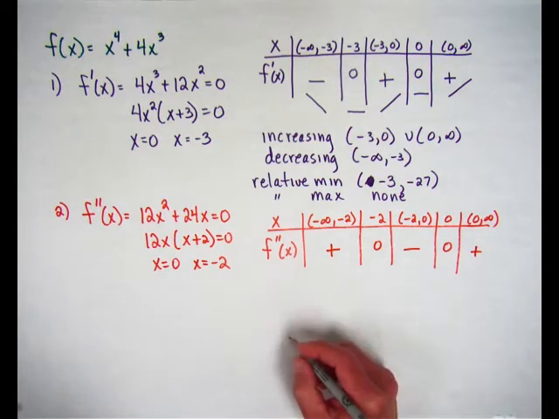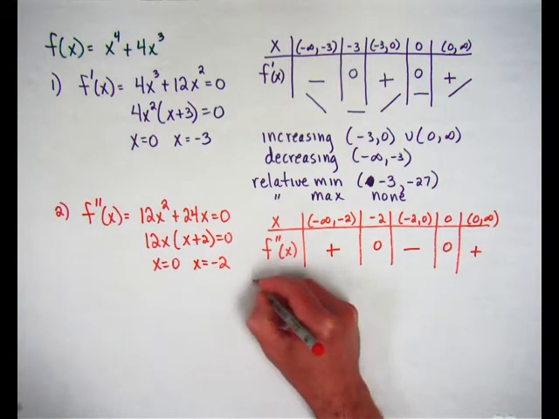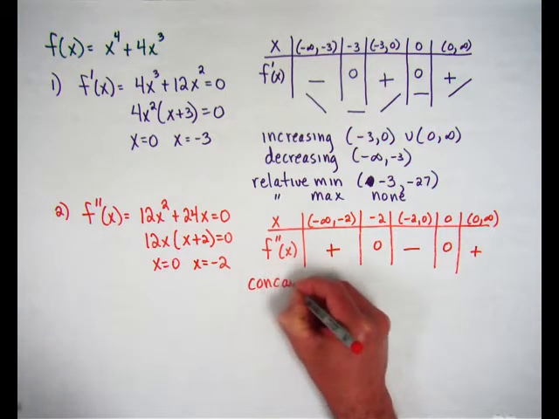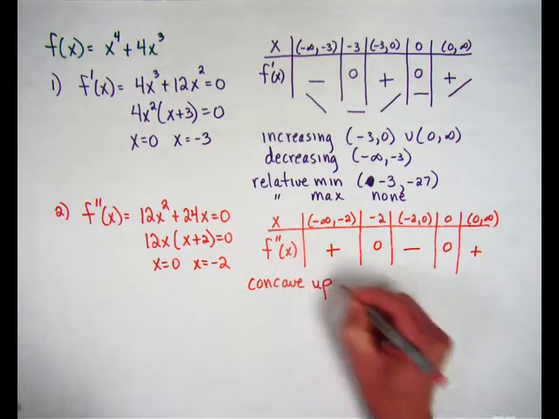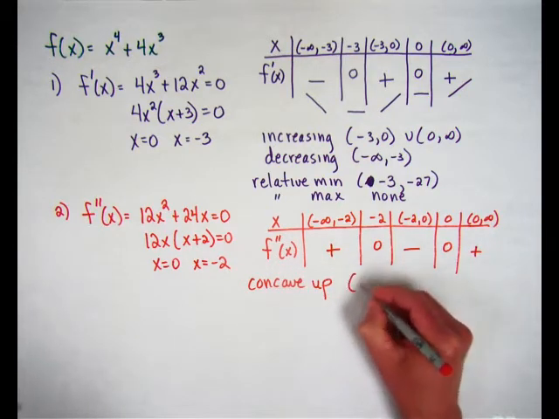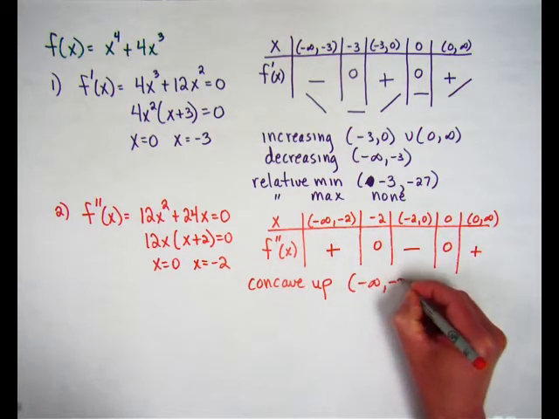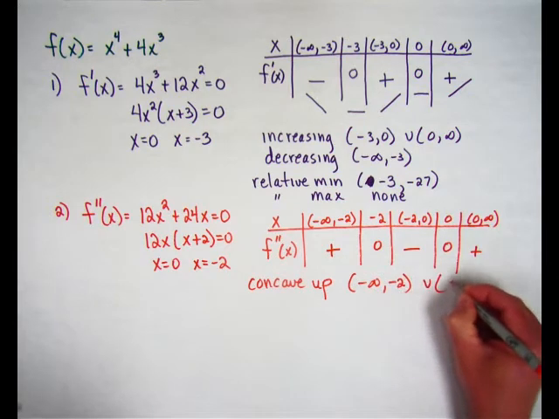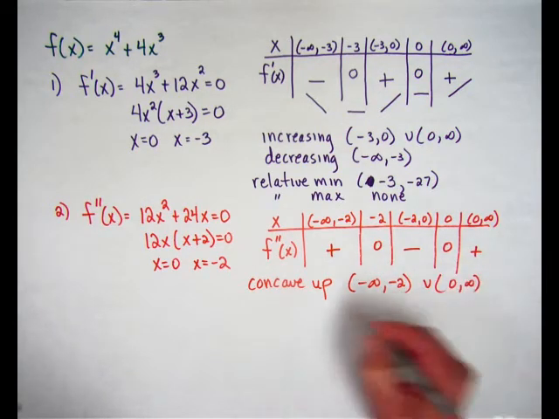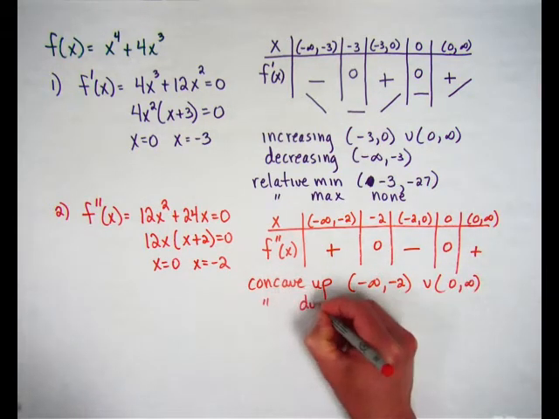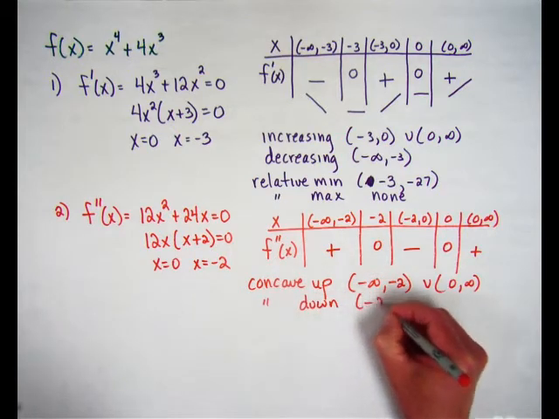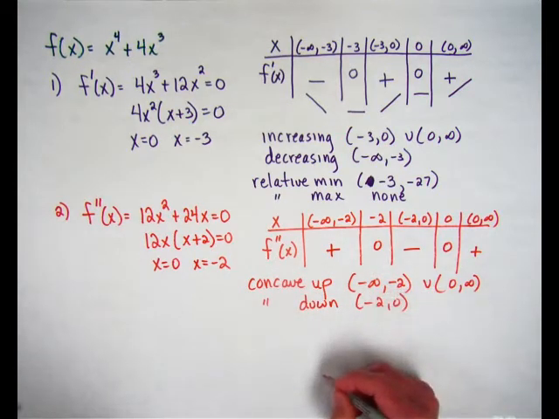From this test, we can tell the concavity of the function. So we would say that our curve is concave up whenever it has a positive second derivative. So it's concave up from negative infinity to negative 2, union 0 to infinity. It's concave down from negative 2 to 0.